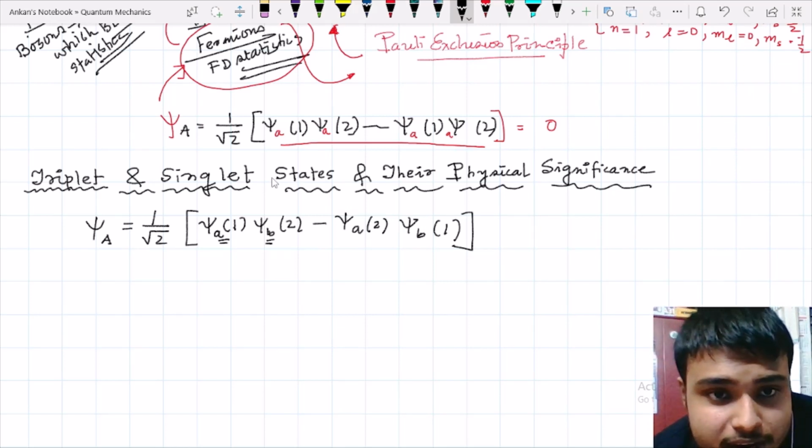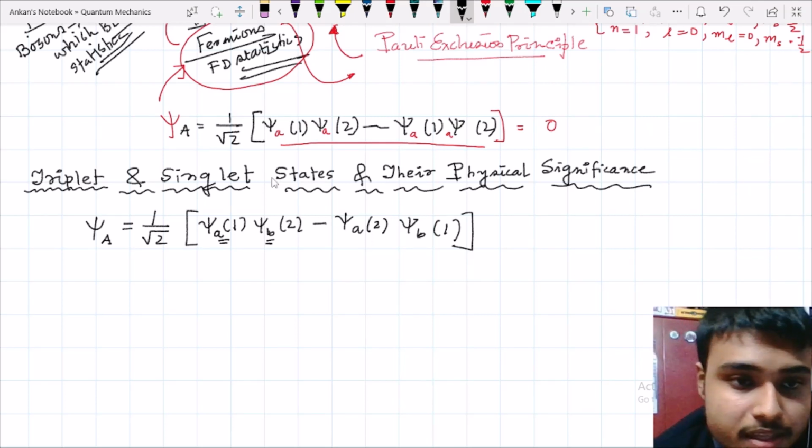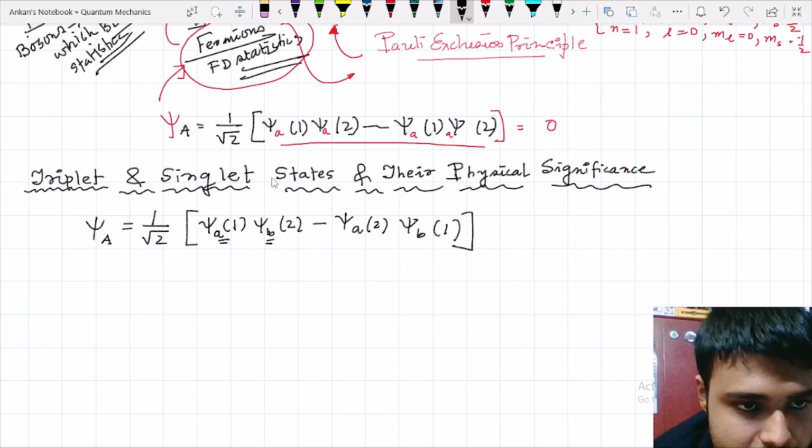And 1 by root 2 arises due to the normalization condition. So this is known as the antisymmetric wave function.